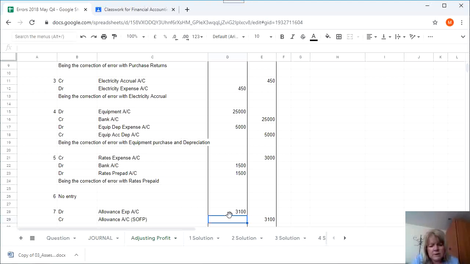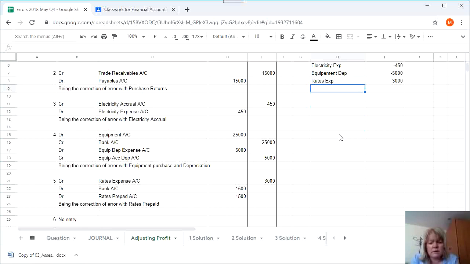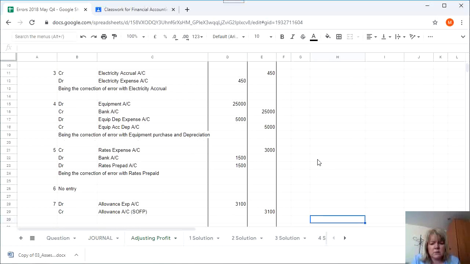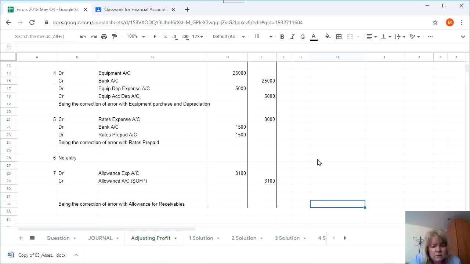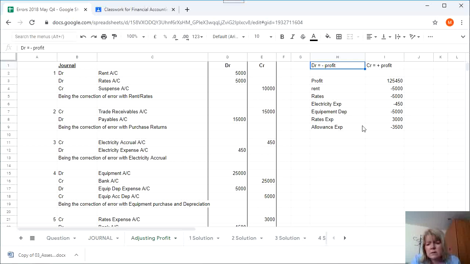So the allowance expense of 3,100, that goes in here, and again because it's a debit it's a minus there. So that was all the entries there, and therefore I can correct my profit figure.